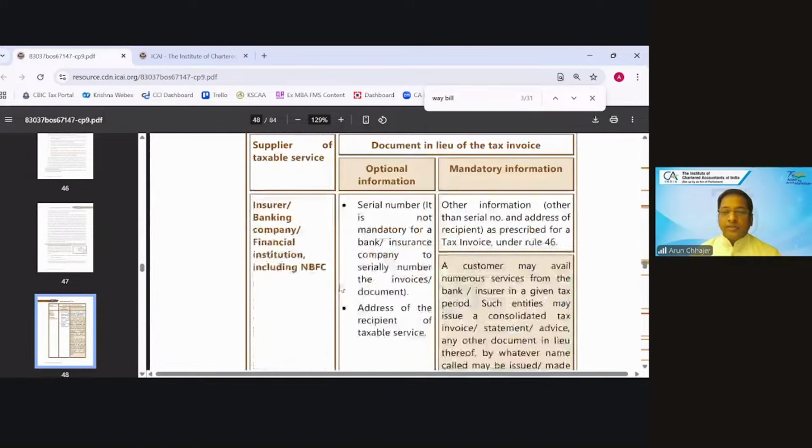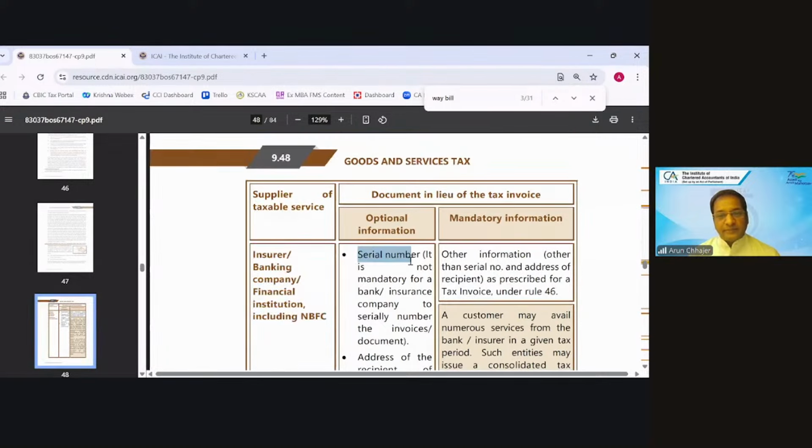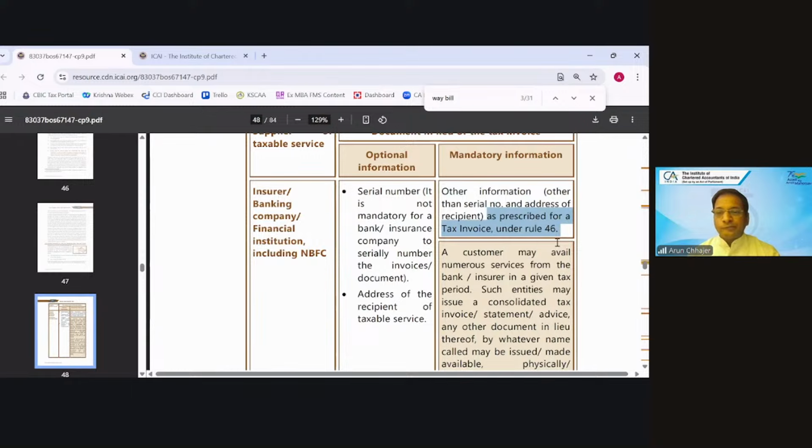So what are the documents? If you are an insurance, banking company, financial institution, or NBFC, then the serial number and address of the recipient are optional. What is mandatory? Other information other than serial number and address. इन दो बातों को छोड़कर whatever is required, it is mandatory.